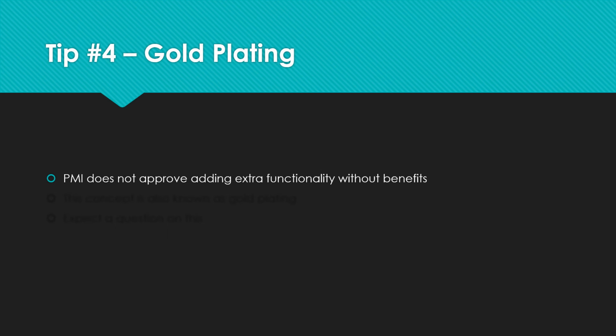So if you have a project, and you are asked in your real life organizations and departments to meet and exceed customer expectations, well, you should not do that. That is what PMI suggests. You should not add any extra functionality which has no benefit at all, right?